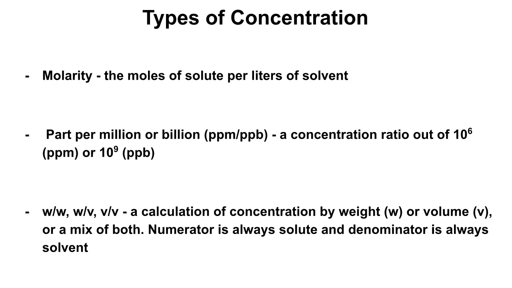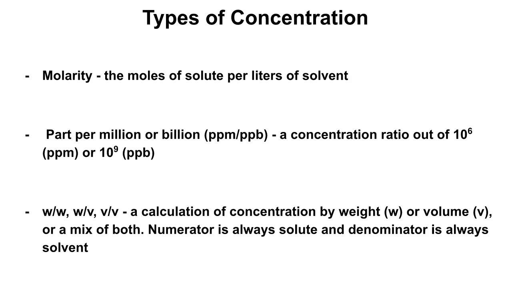So if you were to report something as micrograms per gram of material, that would be an example of a ppm. That would be a part per million, because the difference between units is 10 to the 6th, and therefore that's how many parts per million you have of whatever type of material you're looking at.